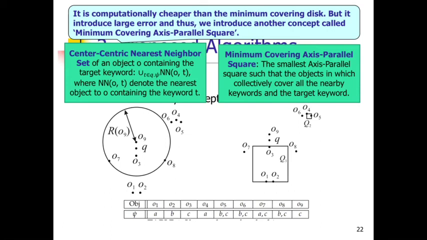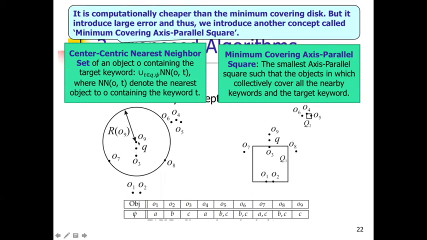Thus, we introduce another concept called minimum covering axis parallel square. The minimum covering axis parallel square is the smallest axis parallel square such that the objects in it collectively cover all nearby keywords and the target keyword. Consider the example.